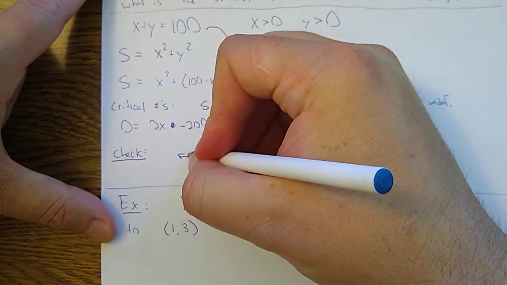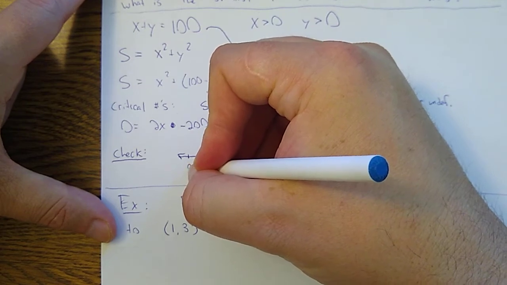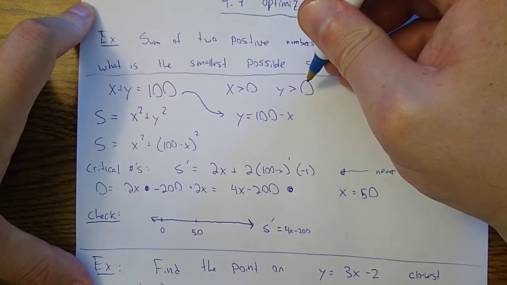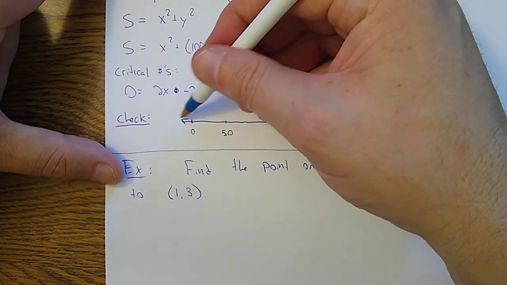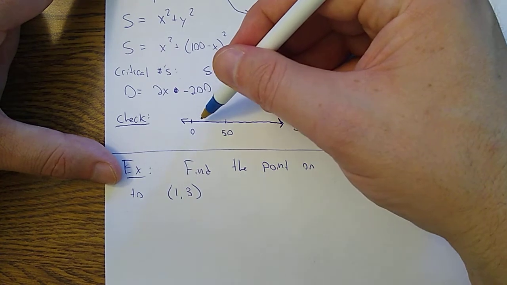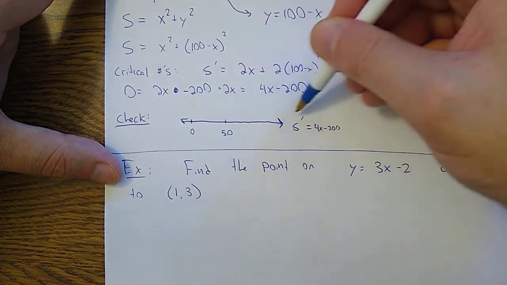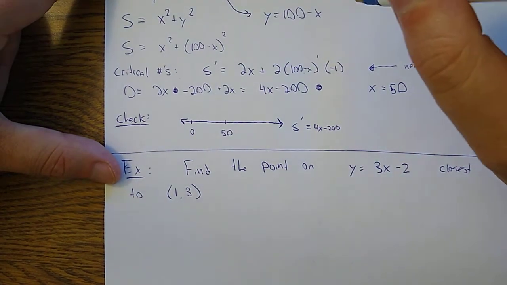Maybe I should also mark 0 because I'm not considering anything negative. I'm only considering positive values, so I'm not going to worry about anything to the left of 0. So I have two intervals, from 0 to 50 and 50 to infinity.